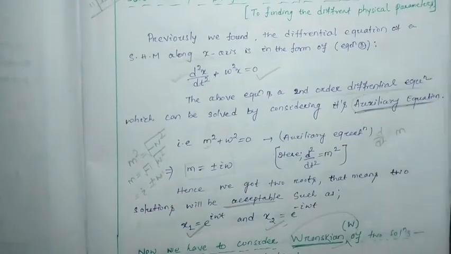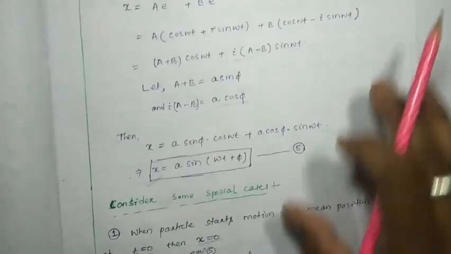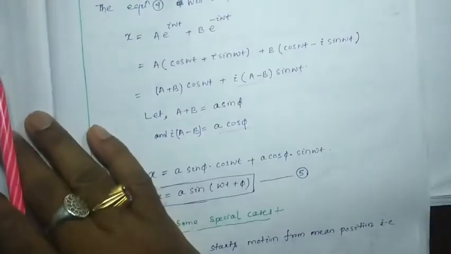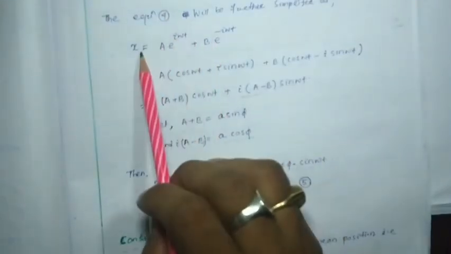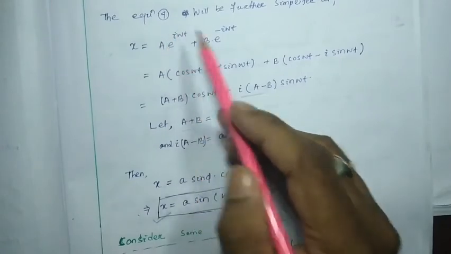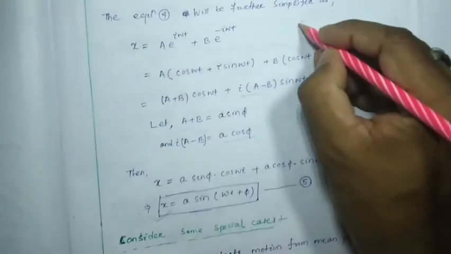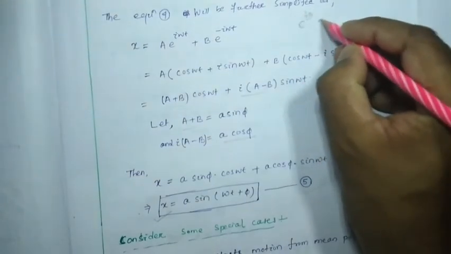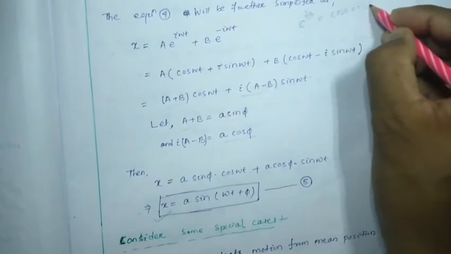Now for further simplification of equation number 4, see, we consider the so-called equation number 4, which is this one. Here e to the power I omega t can be written as cos omega t plus I sin omega t, because we know that e to the power I theta is cos theta plus I sin theta, right?